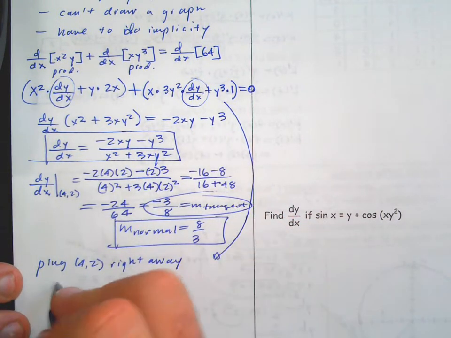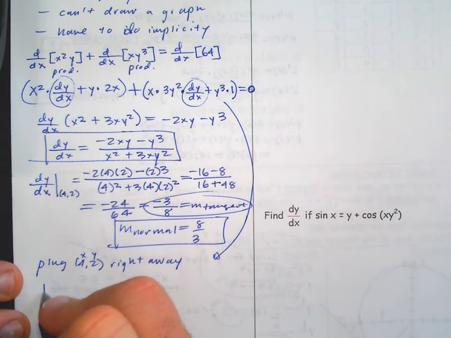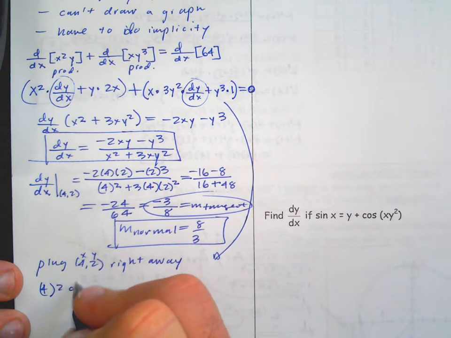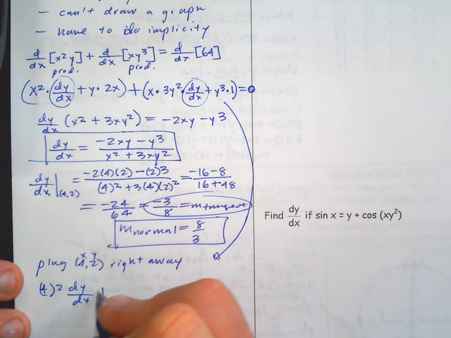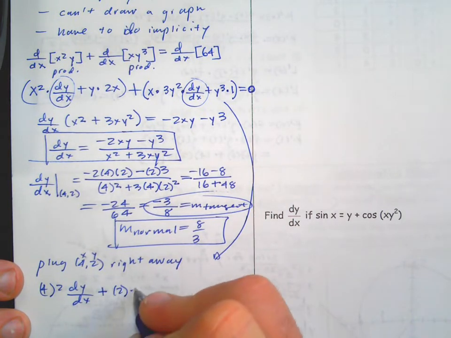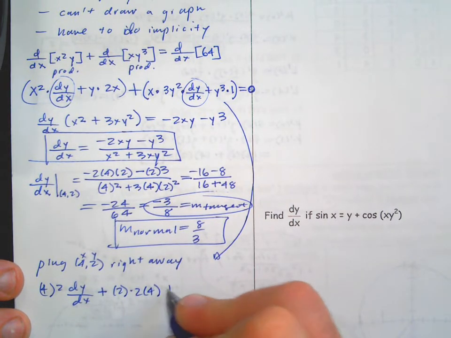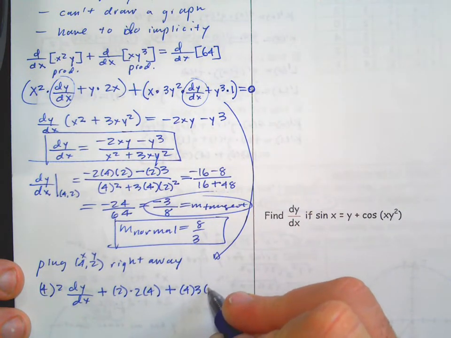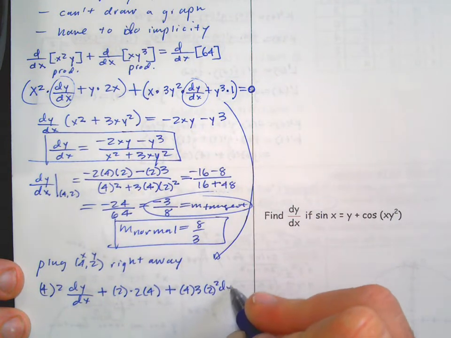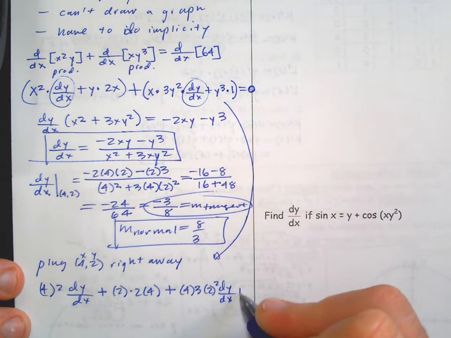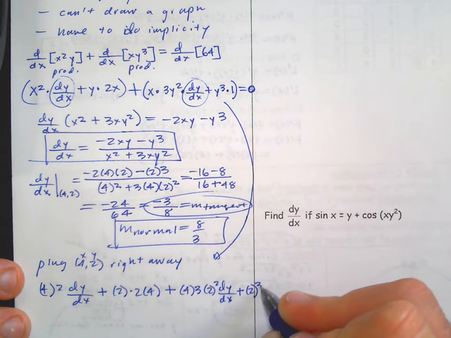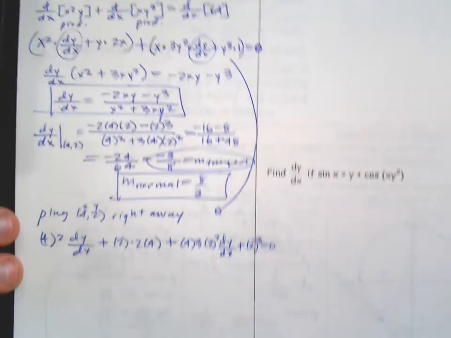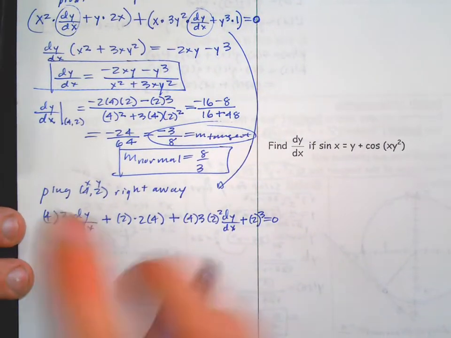That makes it a lot harder. But if we plug in the numbers right away, 4 squared dy/dx plus y is 2 times x is 4, plus x is 4, y is 2 dy/dx plus y is 2, equals 0. Just plug all the numbers in. Don't try to get dy/dx by itself first.